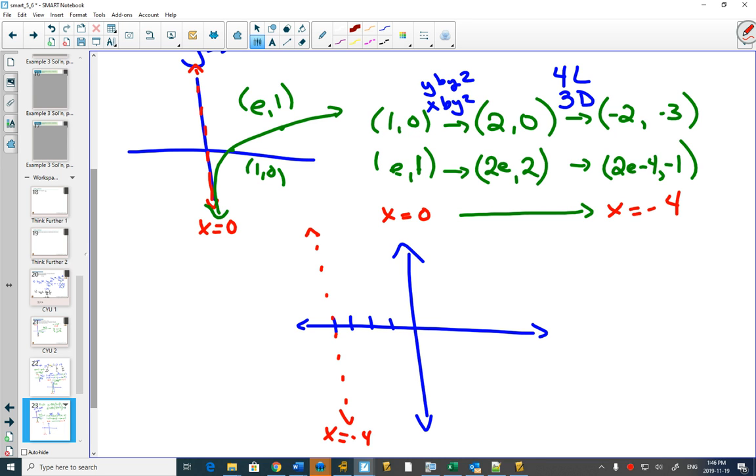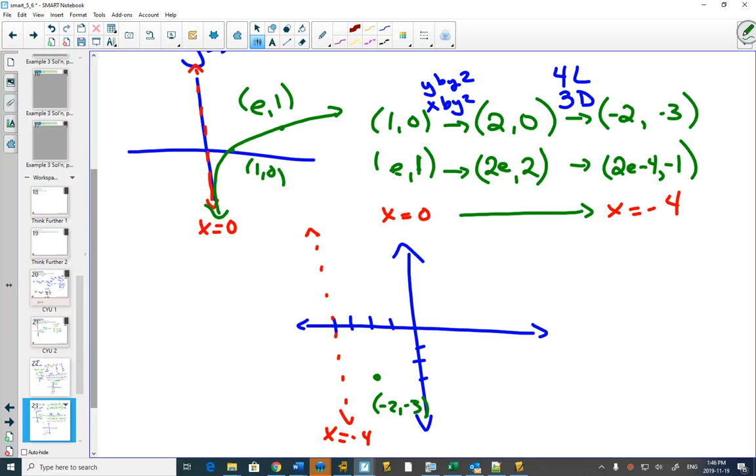We have our asymptote at x equals minus 4. Plot our points. We've got (negative 2, negative 3), and we've got (2e minus 4, negative 1).